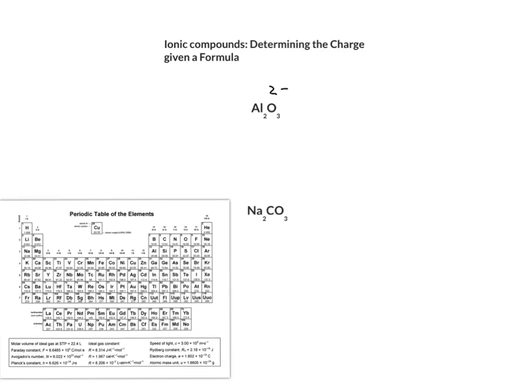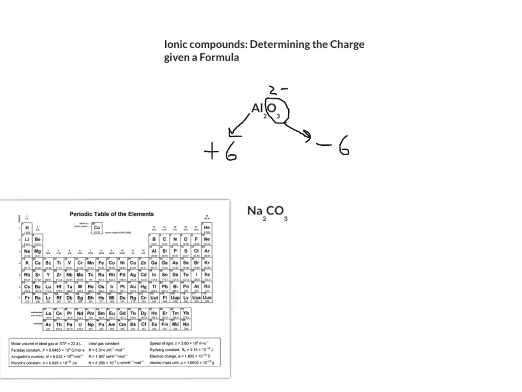That means the overall negative charge from the oxygen in the whole ionic compound is minus 6. 3 times minus 2 is minus 6. That means that aluminum must be plus 6. Plus 6 minus 6 is equal to 0.